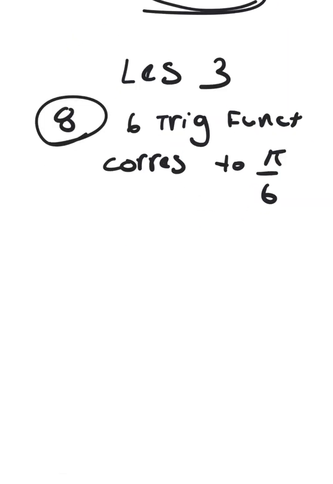Alright, now let's do lesson 3 of problem 8. We need to find the 6 trigonometric functions that correspond to the angle pi over 6. So let's draw a triangle here. We know that the theta angle is equal to pi over 6.